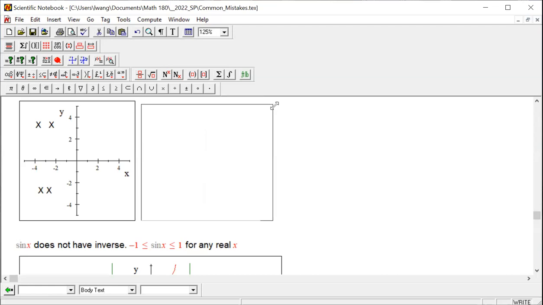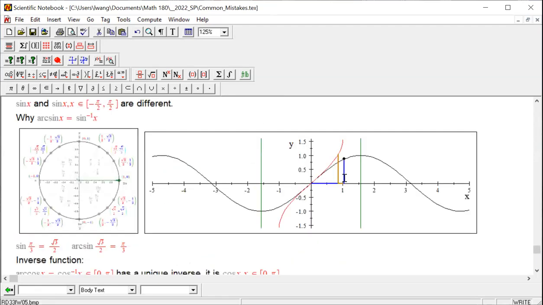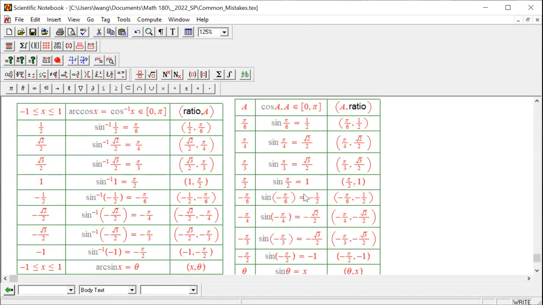So now we do cosine. I'm writing them over because I want you to see the difference. Now all of these are going to be arc cosine, so take this opportunity to review this. Arc cosine of, of course, this is pi over 3.